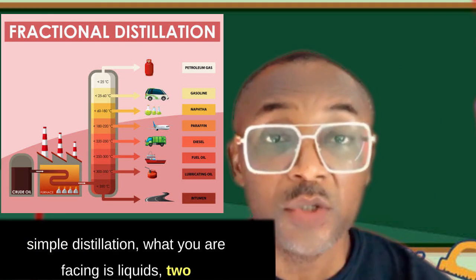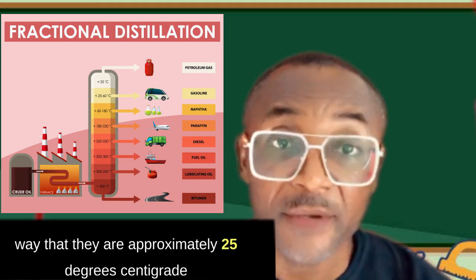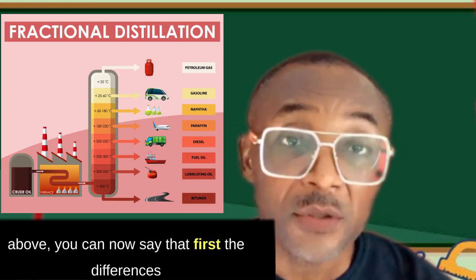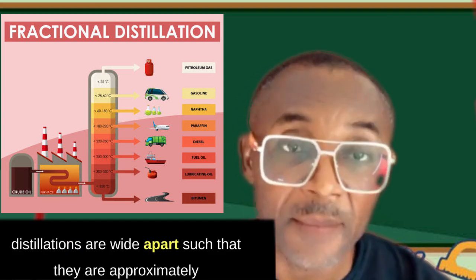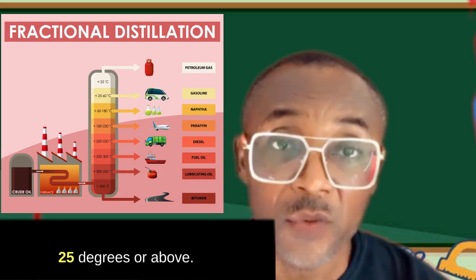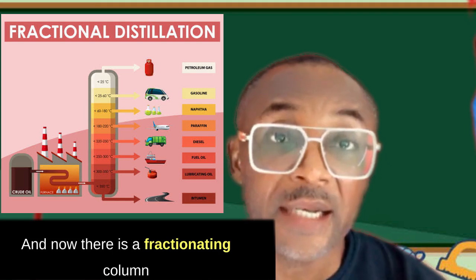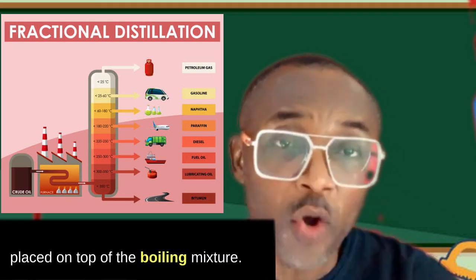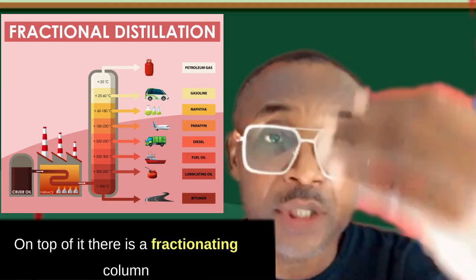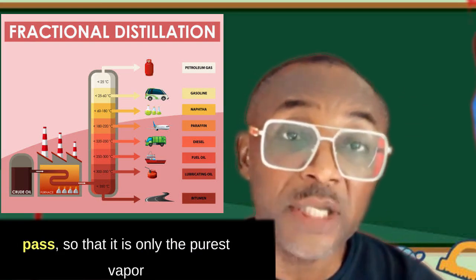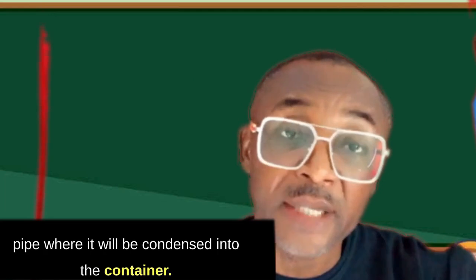In simple distillation, the differences in the boiling points of the mixable liquids are wide apart, approximately 25 degrees centigrade or above, while in fractional distillation, the differences in their boiling points are closer, and there is a fractionating column placed on top of the mixture that you are heating up. It makes it more difficult for the vapors to pass, so that only the purest vapor passes through into the pipe, where it will be condensed into the container.